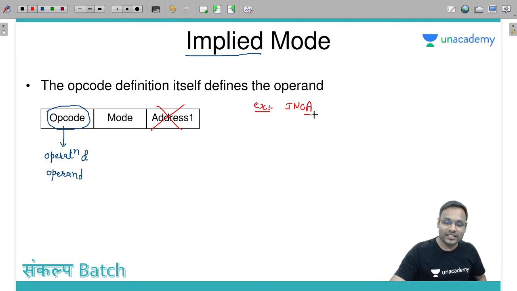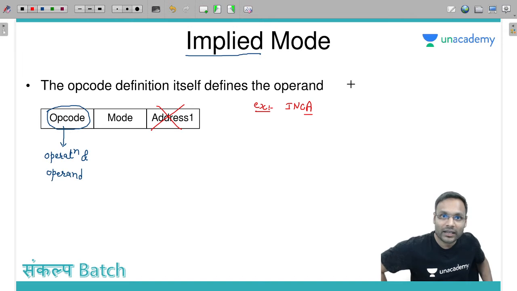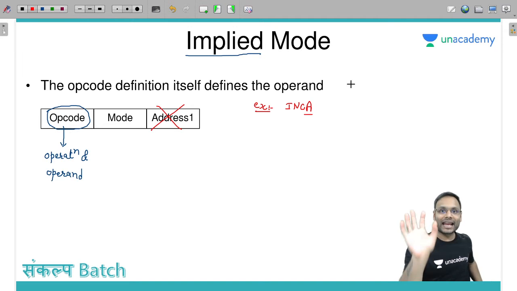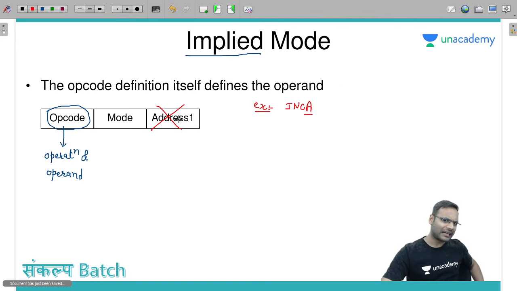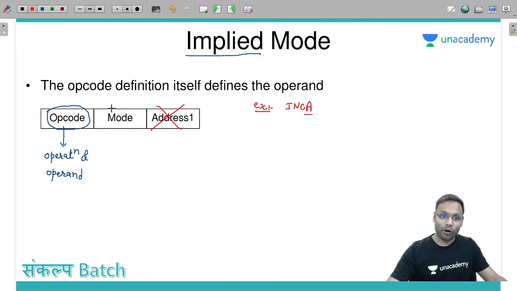CPU has its special purpose register, accumulator. CPU internally can access the accumulator, so you don't have to mention any explicit address. So if such kind of operation is there in the computer system where explicit addressing is not required, and opcode itself can specify the operand, then that is implied mode.